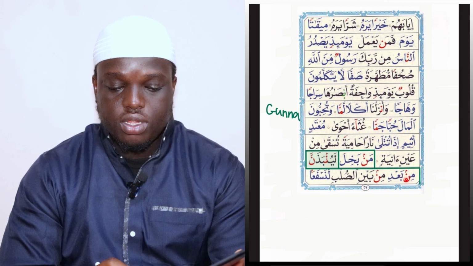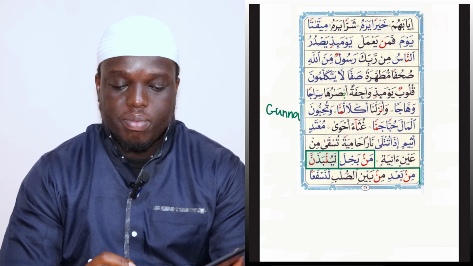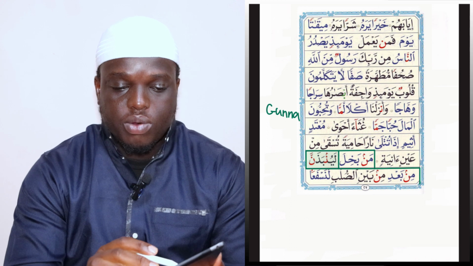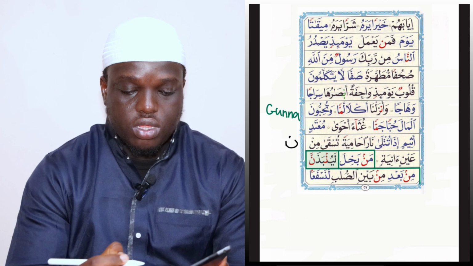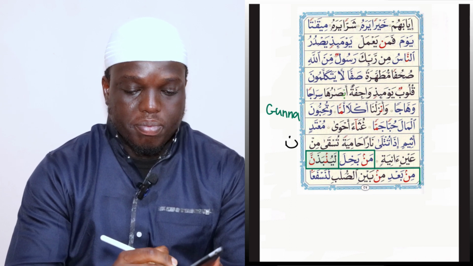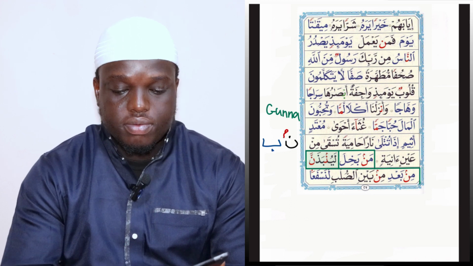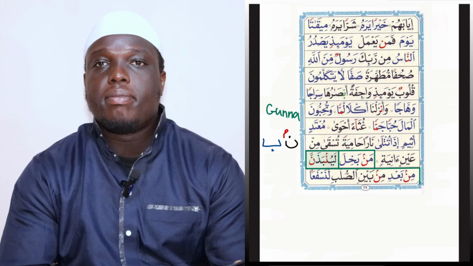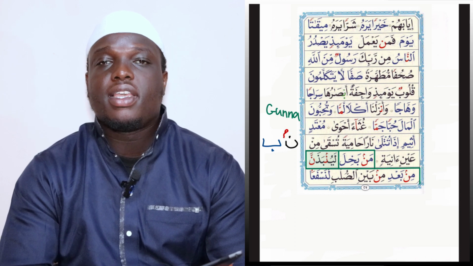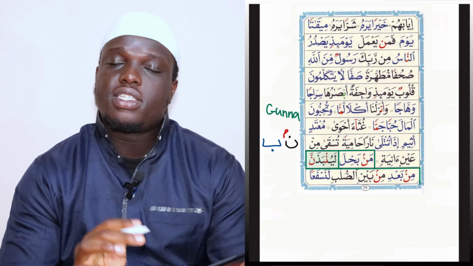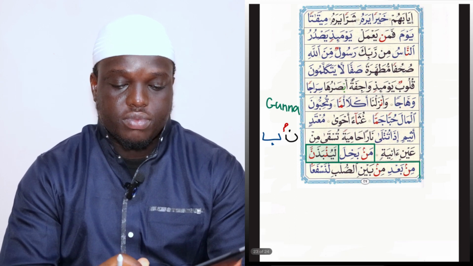If there's a noon sukoon and after it there's a ba, that's when the small meme will appear. Man bakhila, man bakhila, man bakhila. So in this case, again, this is the tajweed rule, not to go too in depth in it, but just be aware of that.